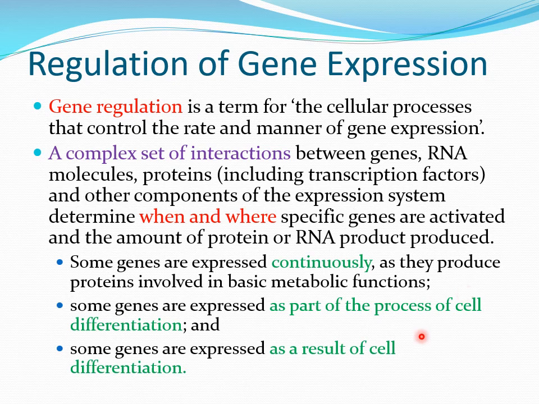That is, because of them, cell differentiation takes place. And once the cell is differentiated, it carries out the specific purpose for which it is differentiated. So there are other genes which get activated in the differentiated cells.